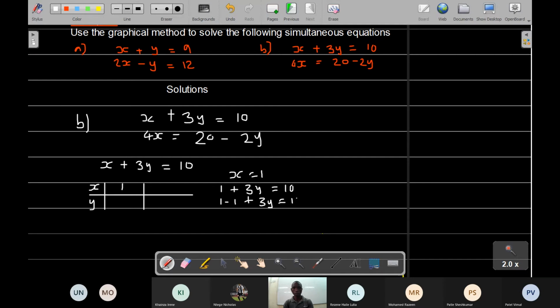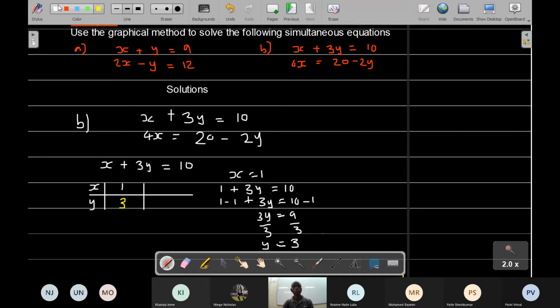So 3y is equal to 10 minus 1, so 3y will be equal to 9. Divide by 3, and you find that the value of y will be equal to 3. So here I write 3 as y.